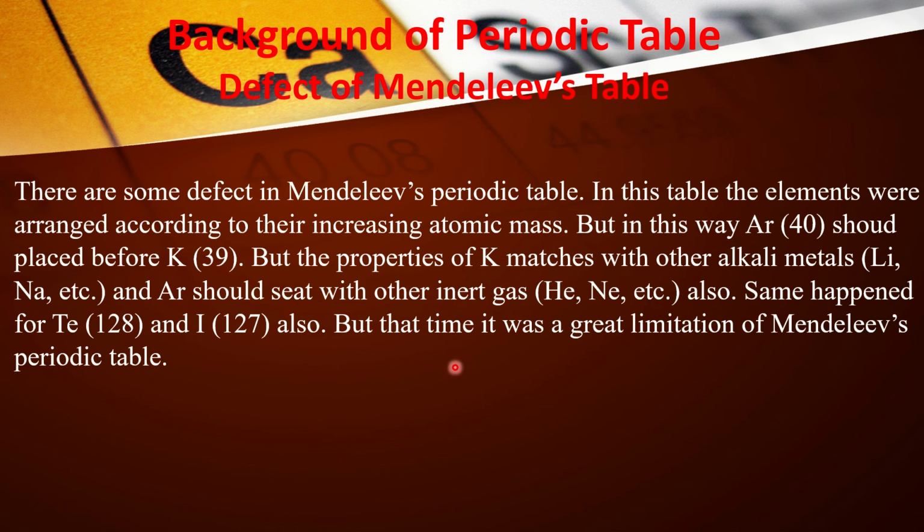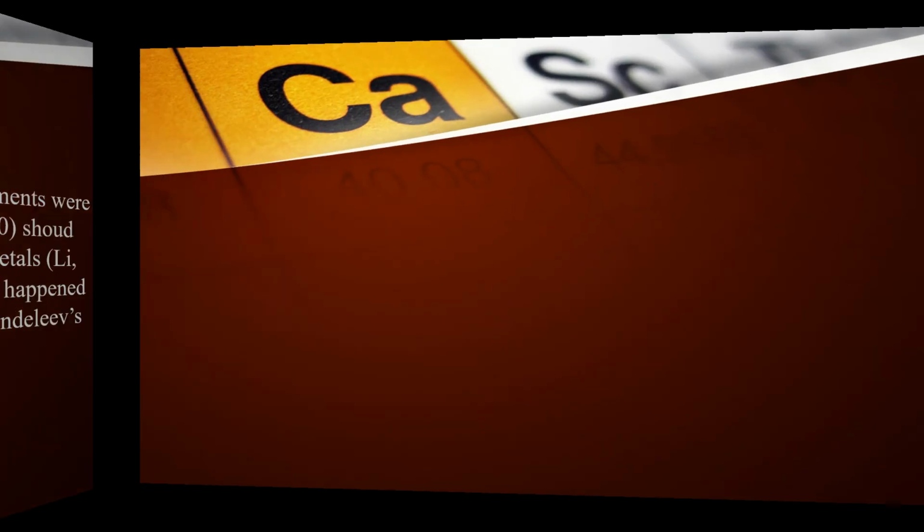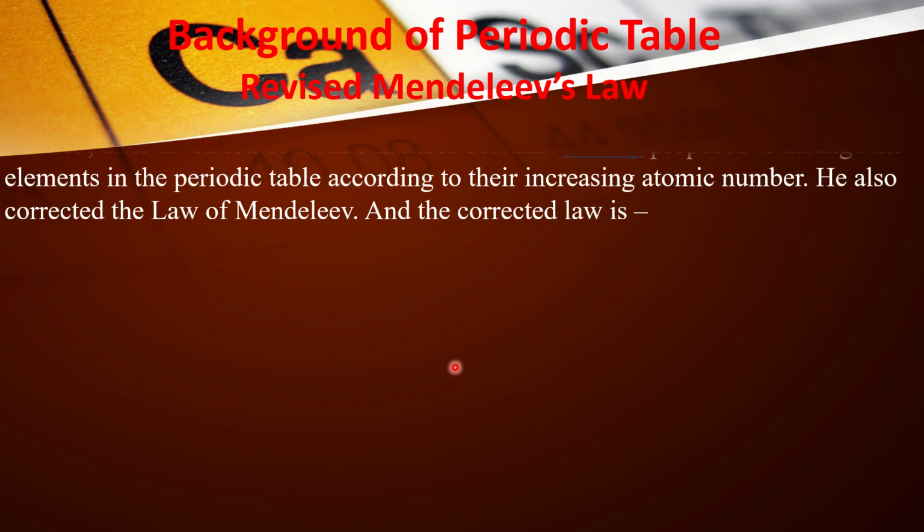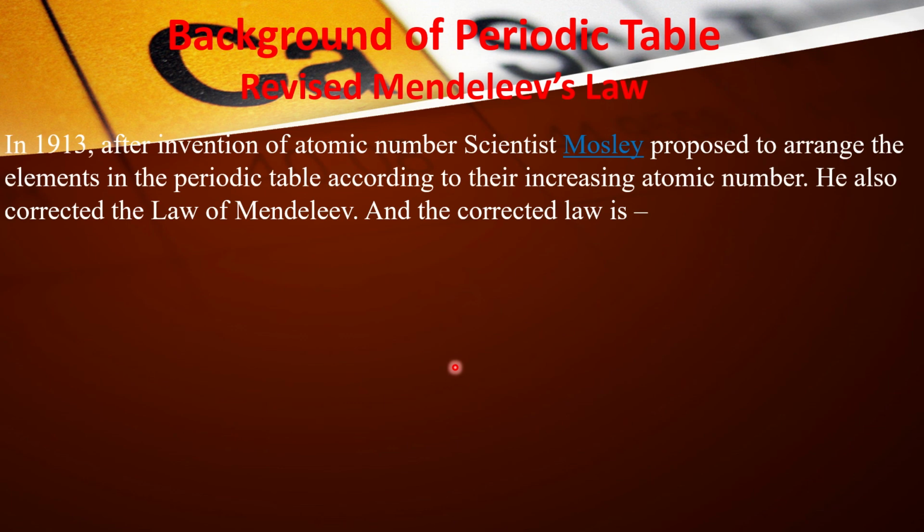But after that, the periodic table was corrected. But when? After the invention of atomic number. In 1913, Moseley invented atomic number.